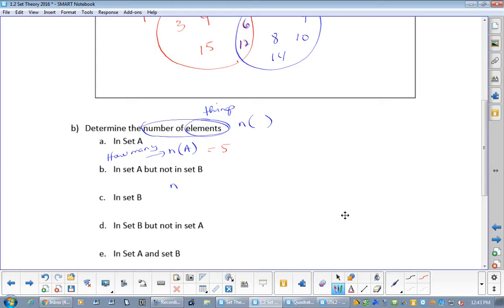N, A slash B. That's very specific, and it's very different than A, as in question A. It says, hey, I want to know what's the number in A. So how many things are in A but not B? Is 3. Exactly. It's how many. Okay, so write that, when you see N something, they want to know how many.